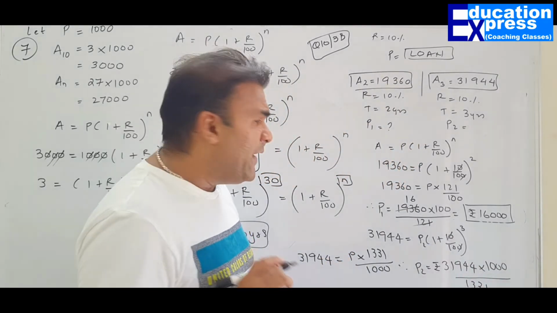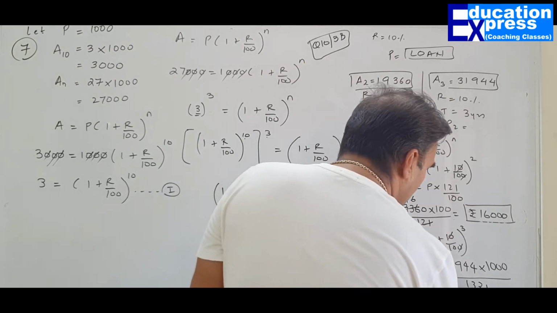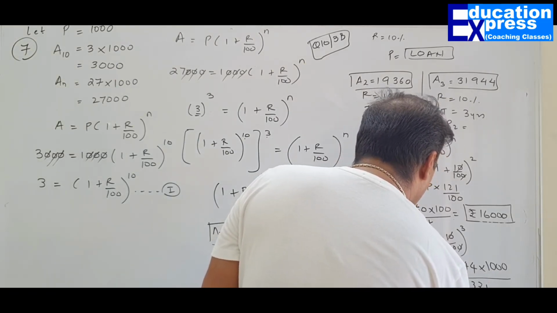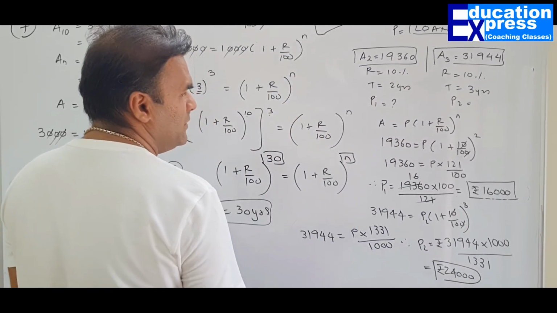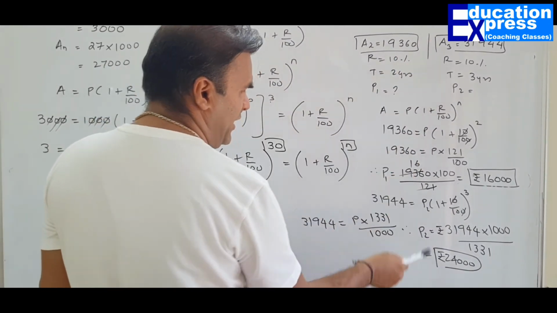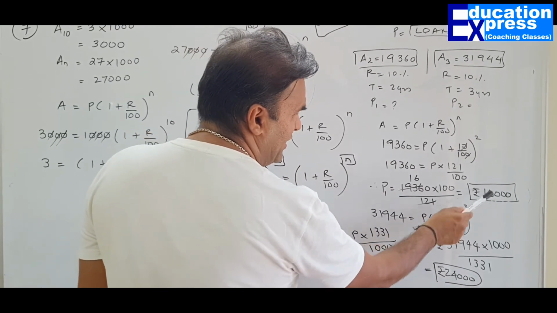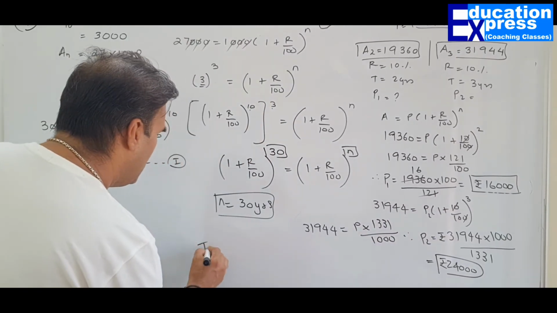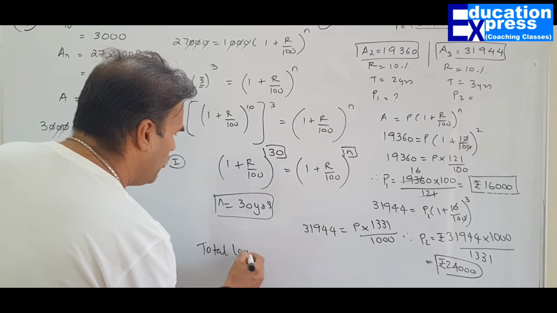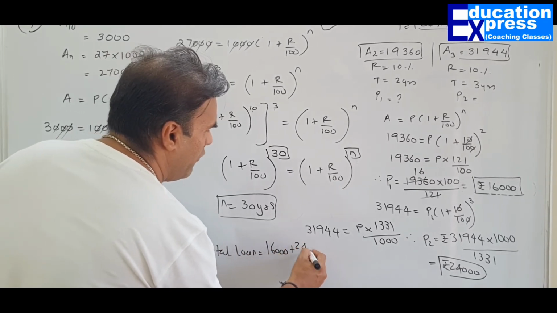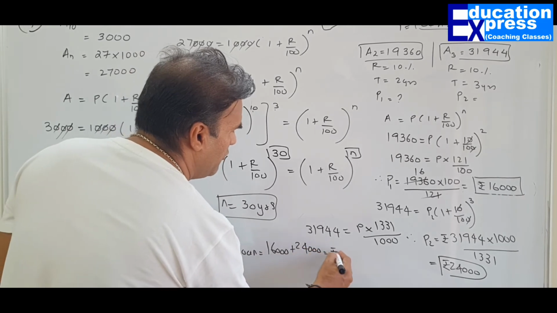We can easily find out this value as well. It's going to be 24,000. That means the total amount of the loan taken would be P1 plus P2, 16,000 plus 24,000. That would be rupees 40,000.